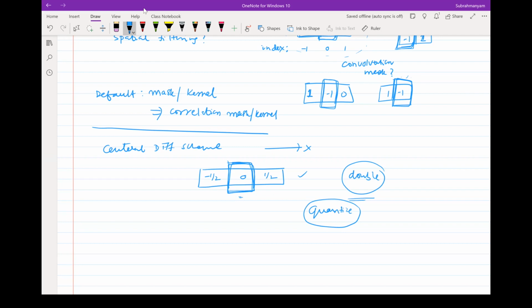Even while showing the image, just be aware that it does some kind of scaling to bring the values into the range of 0 to 255 or 0 to 1, and then accordingly gives the grayscale values. But only at the end, while storing the image, you do quantization; the rest of the operations you do as floating point values.